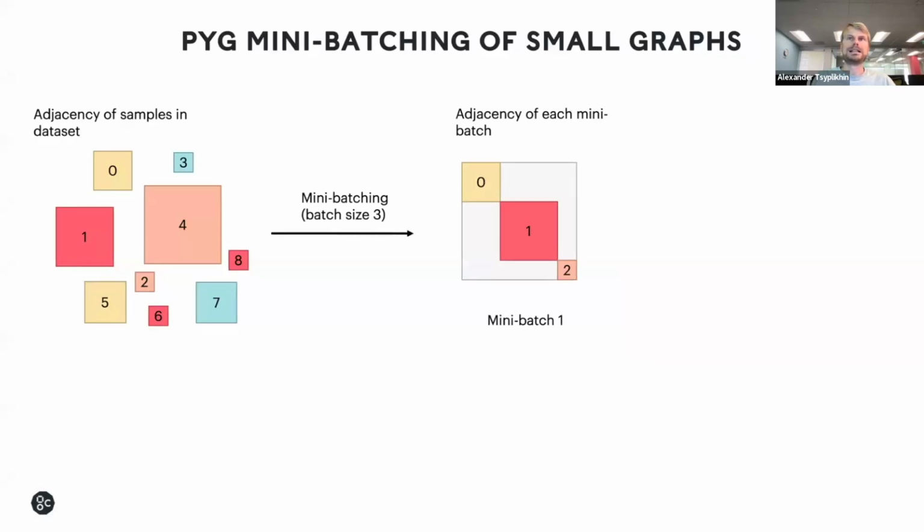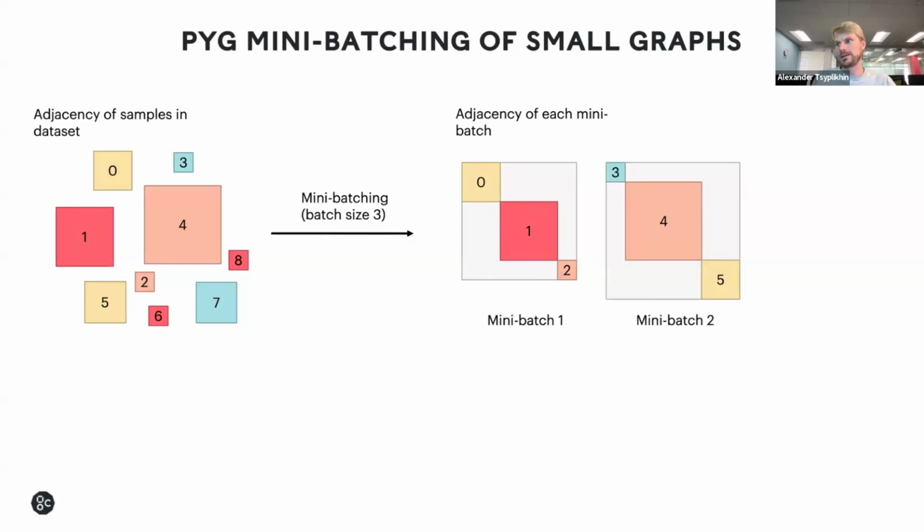For example, this small graph, say molecule number 0, its adjacency matrix will be put in the top left corner, and then a disconnected molecule, but still put in the same larger matrix, would be number 1 and then number 2, and so on.